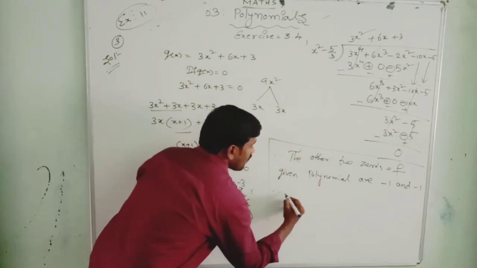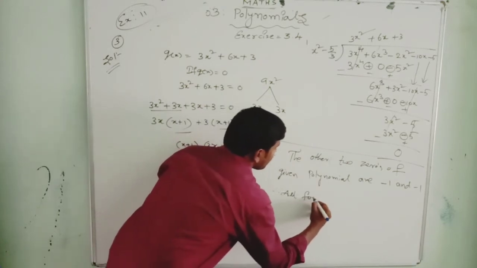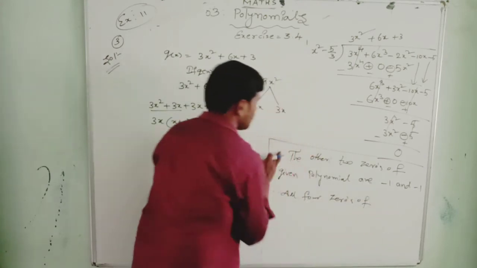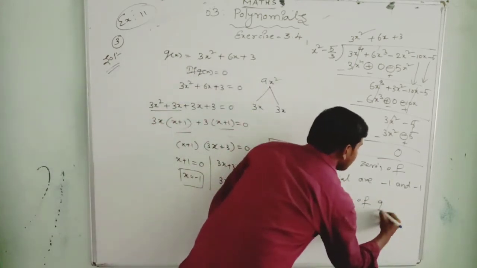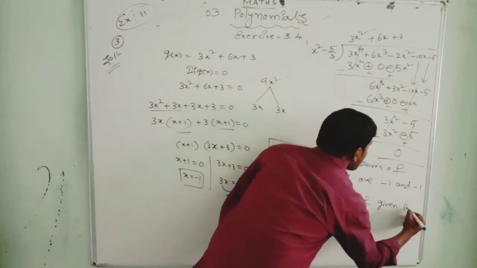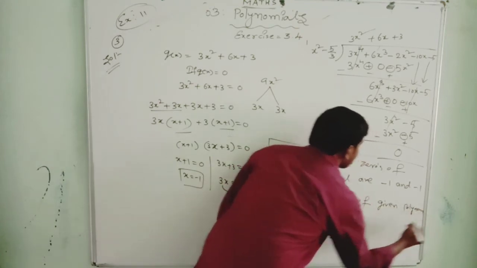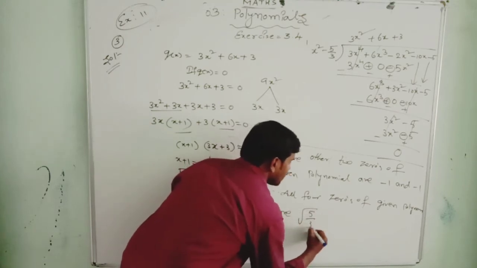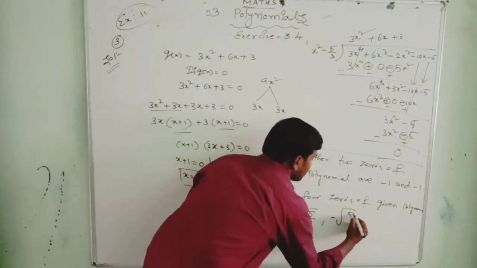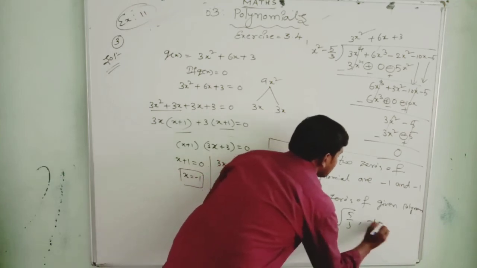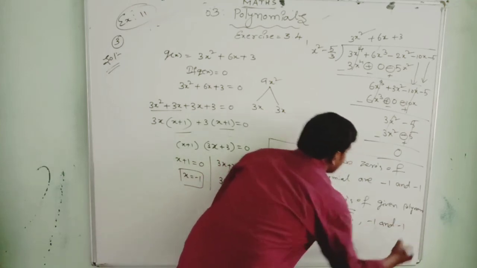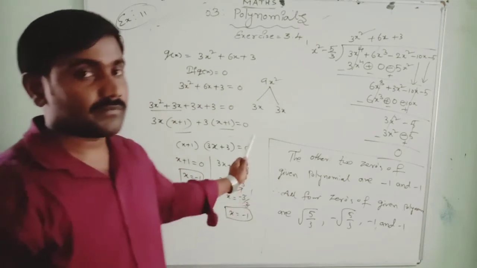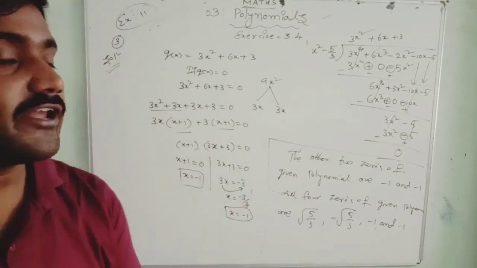Therefore all four zeros of the given polynomial are: one is under root of 5 by root 3, comma minus under root of 5 by root 3, comma minus 1 and minus 1. So these are the four zeros of the given biquadratic polynomial.